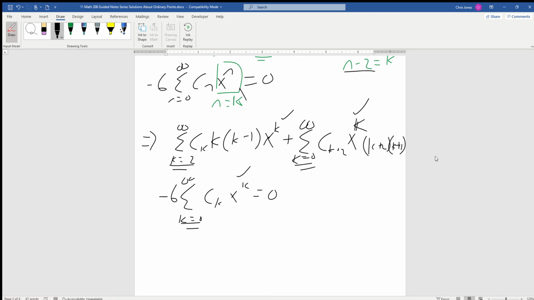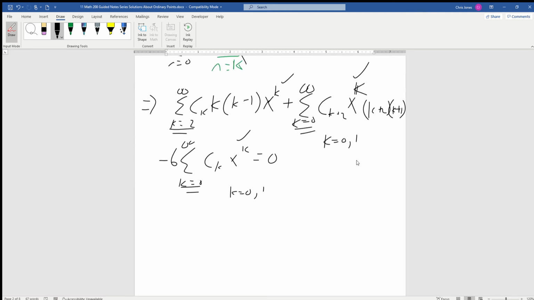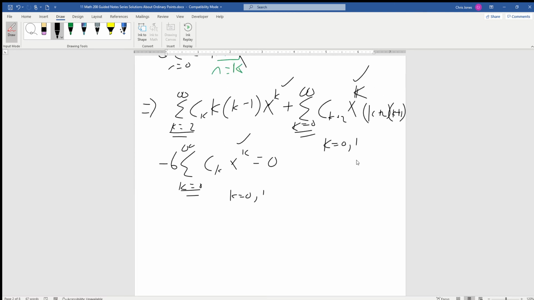We're going to split off k equals 0 and 1 from the second series, and we're going to split off k equals 0 and 1 from the third series. The first series is going to stay the same. And remember, the trick is when you're splitting off terms, you always want to pick on the lower indices. You can't really go backwards unless you do another change of variable, and at that point it's just going to be too taxing.